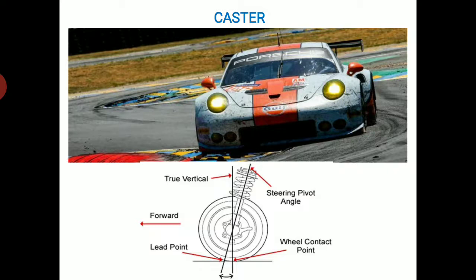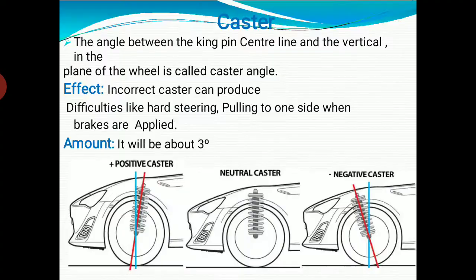You can see the wheel contact point and the lead point; the angle between them is called the caster angle. The angle between the kingpin center line and the vertical, in the plane of the wheel, is called the caster angle. Incorrect caster can produce difficulties like hard steering and pulling to one side when brakes are applied. Normally we follow 3 or 4 degrees.